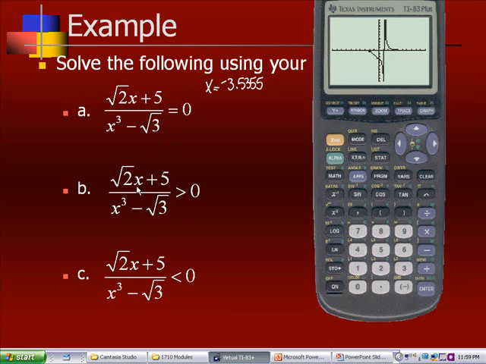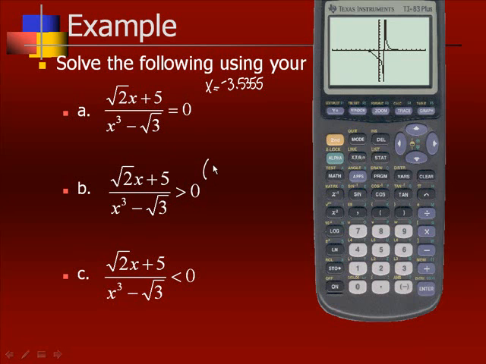Now on this one, we're trying to find where this function is greater than 0. Now think about it. This one crossed at negative 3.55, and then it probably went on back this way. So it's going to be above the x-axis, or it's going to be positive from negative 3.5355 backwards.